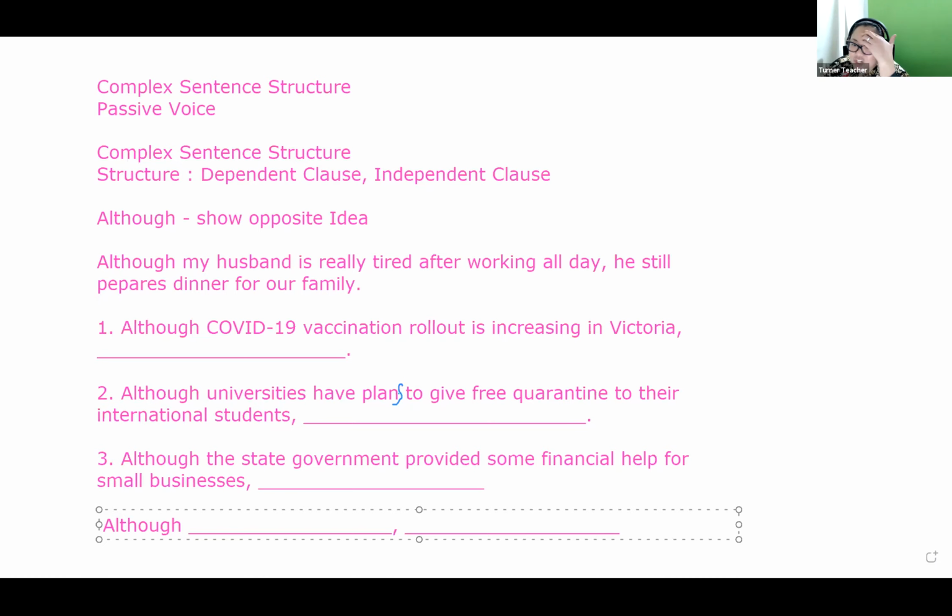Proof of vaccination in the system, many people still do not know how to apply for it. Okay, no worries. Some students are still not happy with that. That's correct, Rashmika. Although hotel quarantine is still operating as normal due to travel revenue, it is not sustainable for long term and the fairness.